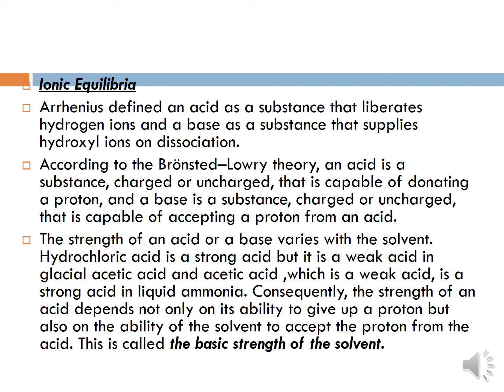The strength of an acid or a base varies with the solvent, like hydrochloric acid is a strong acid, or a weak acid like glacial acetic acid, while a weak base like ammonia, or a strong base like NaOH.